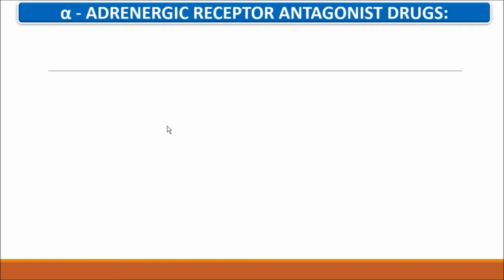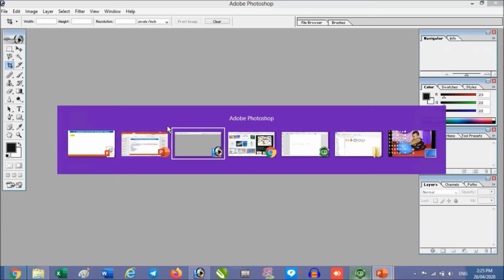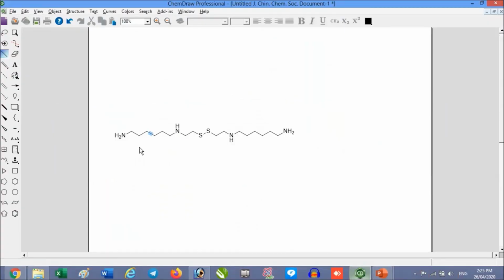The first one, APC. What is the structure of APC? Here you see we have an amino group. After the amino group we have 6 carbons, 1, 2, 3, 4, 5, 6. After 6 carbons you add another nitrogen, and this nitrogen adds 2 carbons, 2 CH2s.